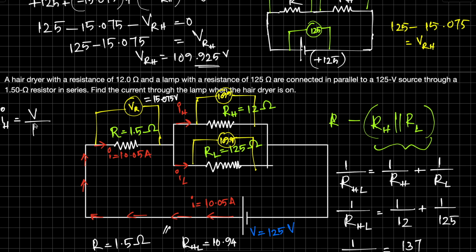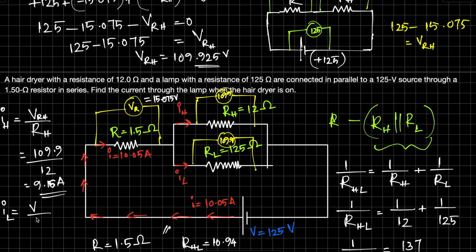The voltage across RH, that is VRH, over the resistance RH, 12 ohms. VRH is 109.9 over RH is 12, that gives 9.16 amps.